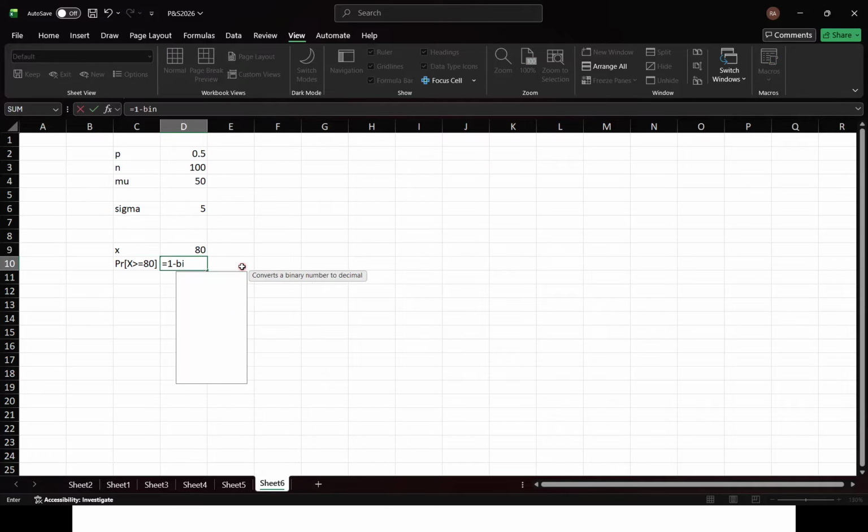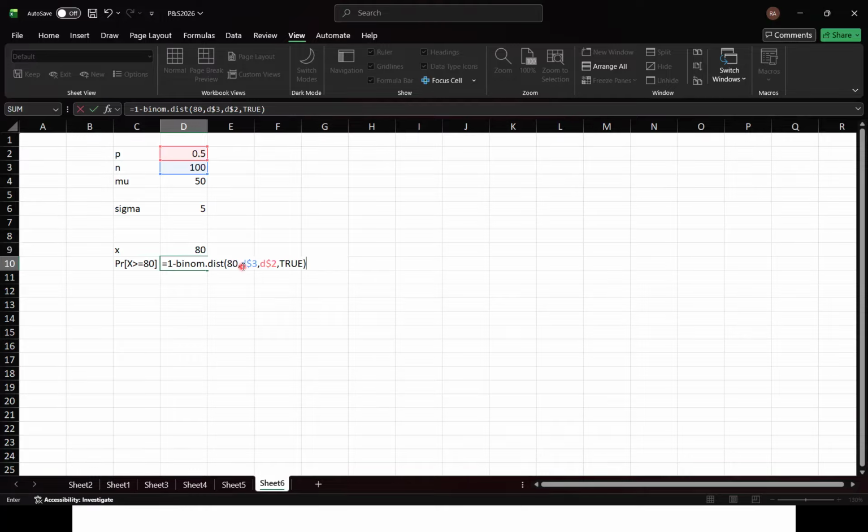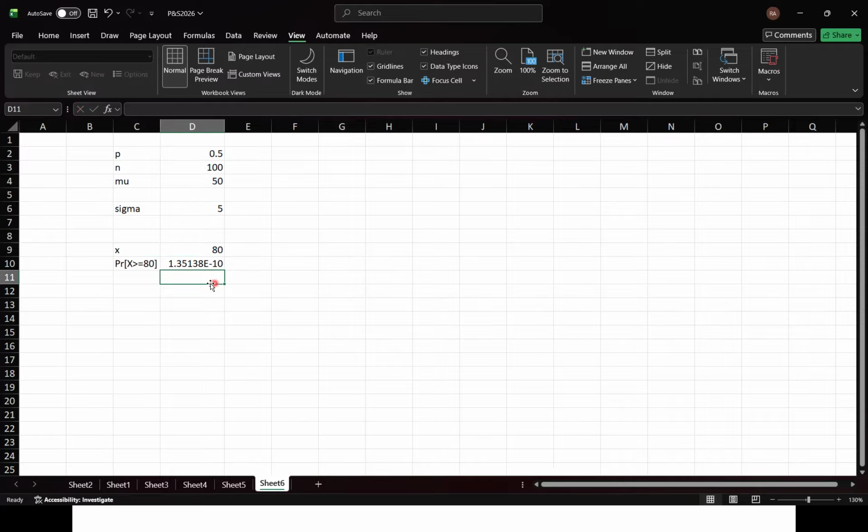I use the binomial distribution, where the number is up to 80, the number of trials is n, and then the probability, and I would like the cumulative probability. So it is 1.35 times 10 raised to the power minus 10.